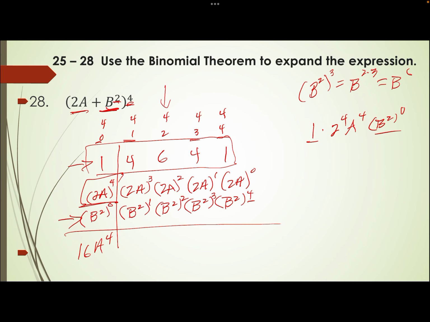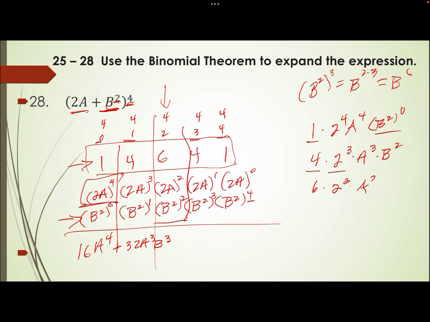So then this next one is 4 times 2 cubed times a cubed times b squared to the 1, which is b squared. So I have 8 times 4. It's going to be plus 32 a cubed b squared. And then my next one is 6 times 2 squared times a squared times b to the 4th, because it's 2 times 2 here.